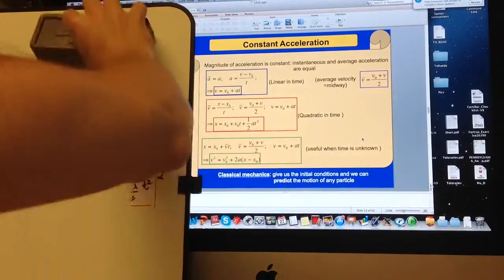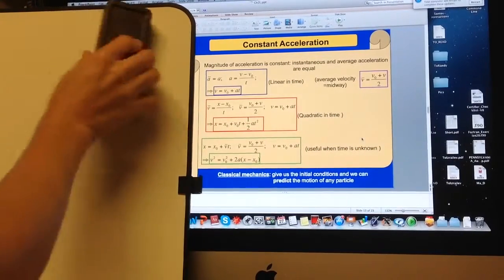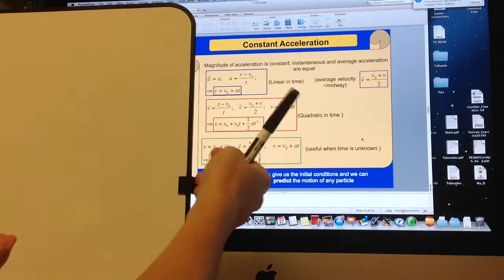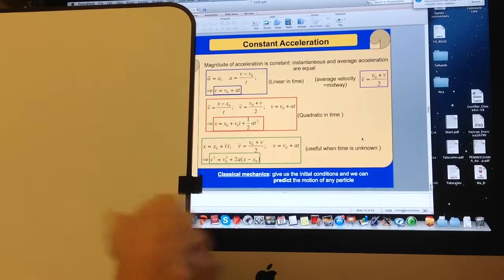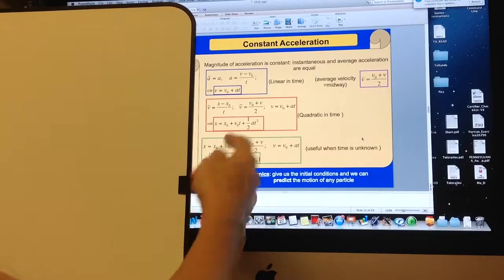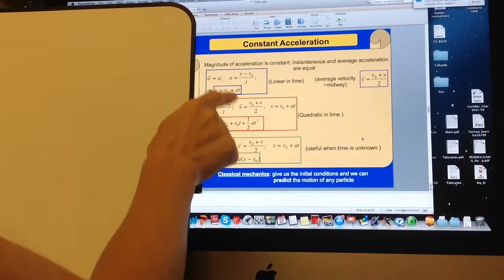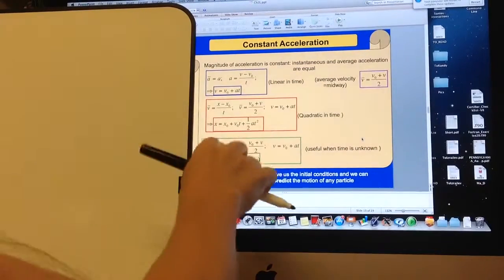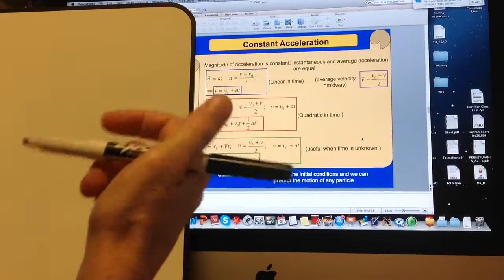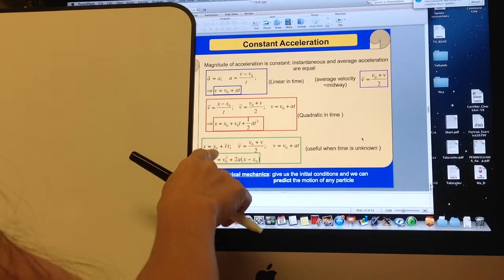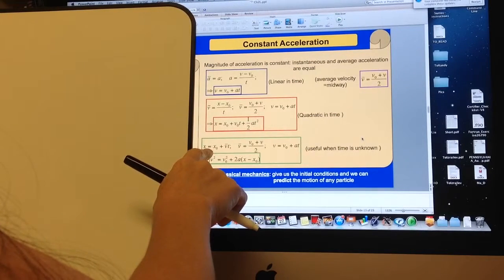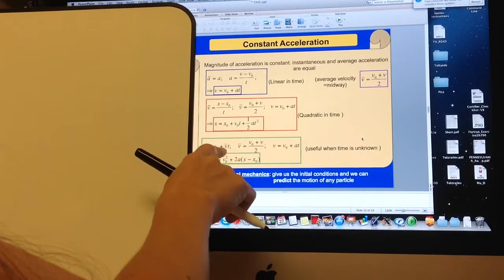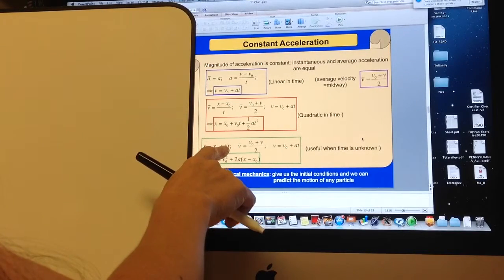So let me just show you how we do that. Again, you don't need to know how to derive it, you just need to know how to use the equation. If you don't remember this one, then be sure you remember these two, because then you can derive that one. Or you just make sure you do remember it. So let's start again from the definition of the average velocity that we had.